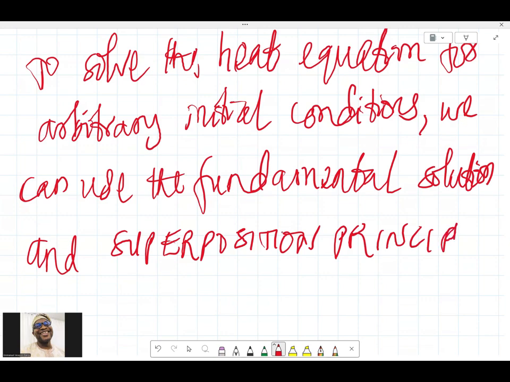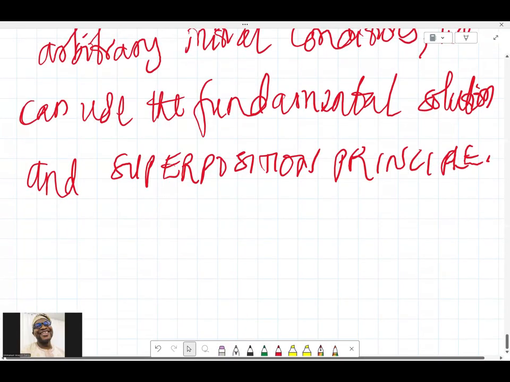I think this actually came up also when we were talking about the separation of variables method for solving each of those partial differential equations.